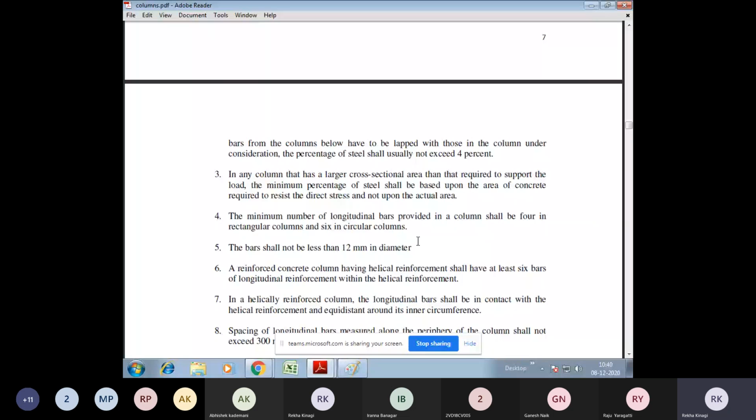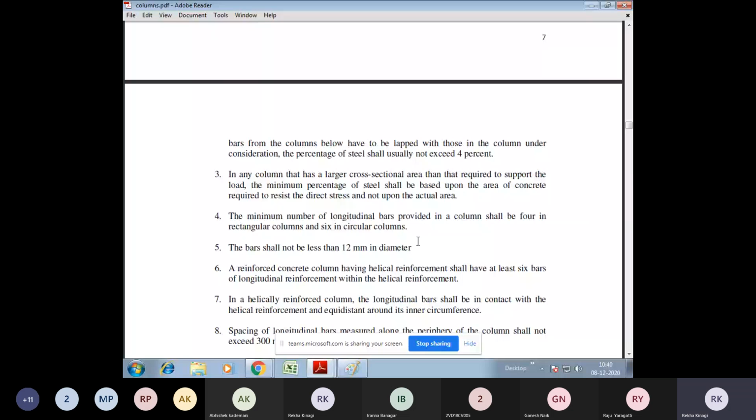And the bar shall not be less than 12 mm in diameter. For the minimum diameter of the reinforcement in a column, we need to use 12 mm. So we cannot use 10 mm or 8 mm bars for the longitudinal reinforcement.